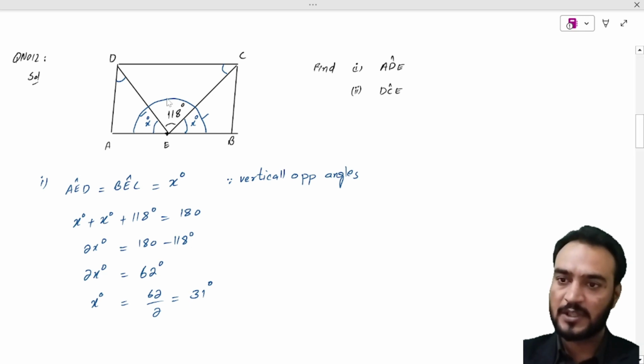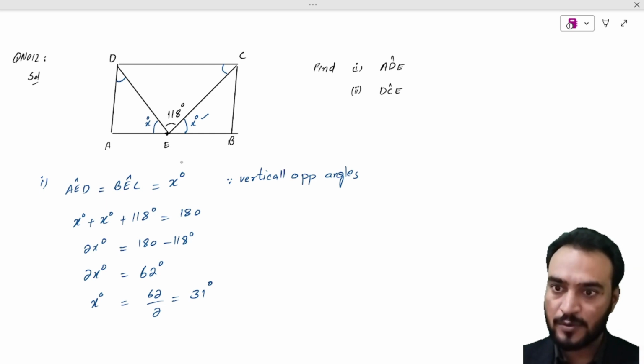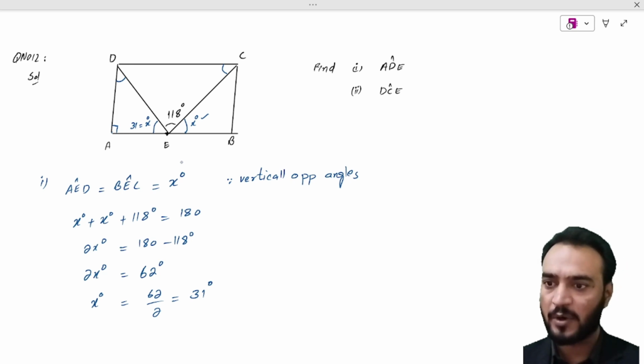Now we know these two angles. x degrees is now equal to 31 degrees. We know that in a rectangle, interior angles are right angles. So the angle at point A is 90 degrees. Now we can easily find the angle at point D, that is the angle ADE, which is required in part 1.